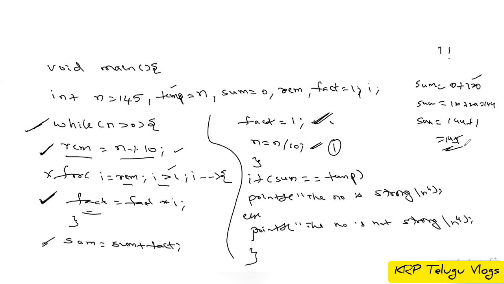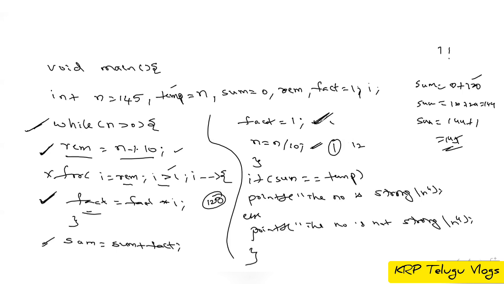Clear or not? Yes, sir. Sir, initially fact is 1. Then why do we need to initialize fact is equal to 1 again? Here factorial will become 120 first time, correct? Yes, sir.